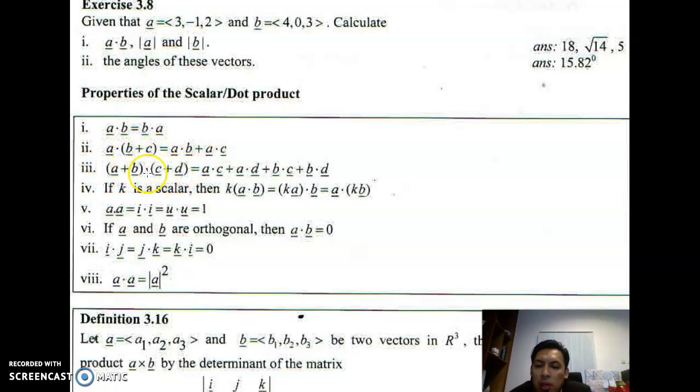A plus B dot C plus D is the same as the dot products of AC, AD, BC and BD, also the expansion of this. Then if K is a scalar, K times the dot product of A and B is also equal to multiplying the scalar with A then doing the dot product, or the other way around, multiplying the scalar with B then doing the dot product with A.